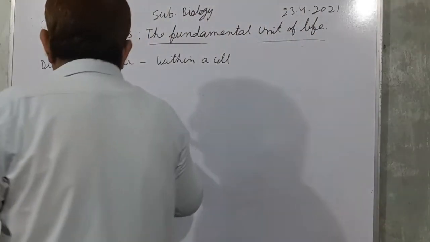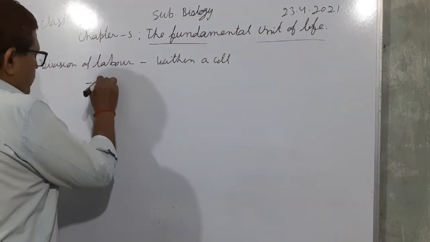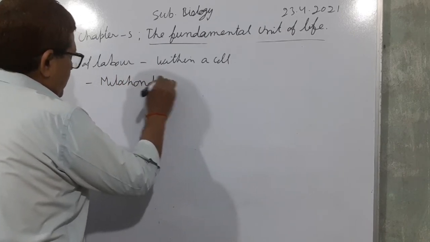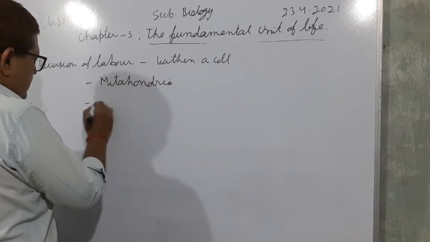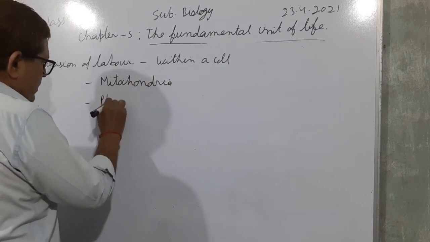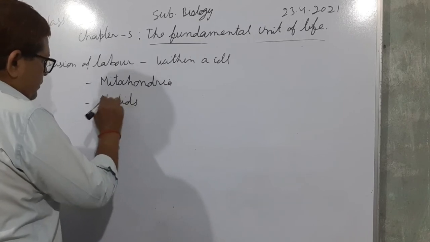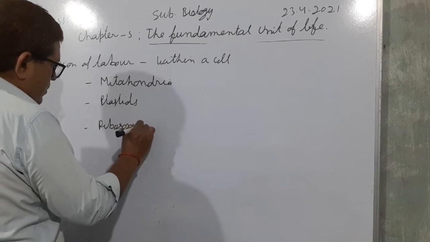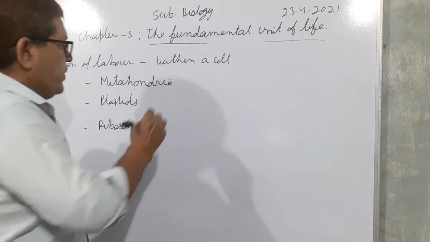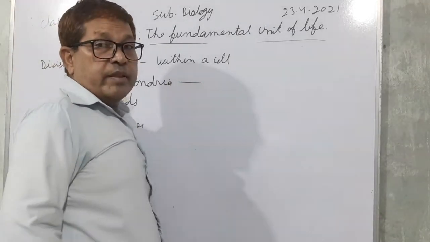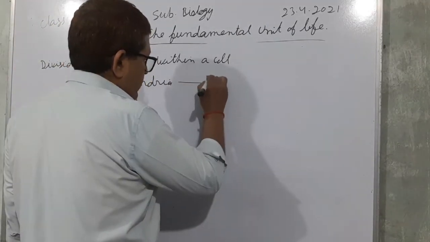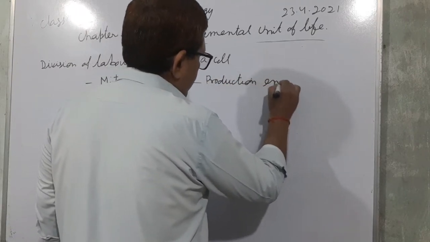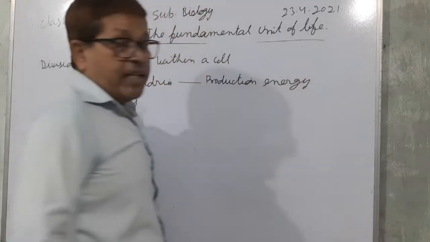A cell contains mitochondria, plastids, ribosomes, etc. Mitochondria are involved in oxidation and production of energy, so they are called the powerhouse of the cell.